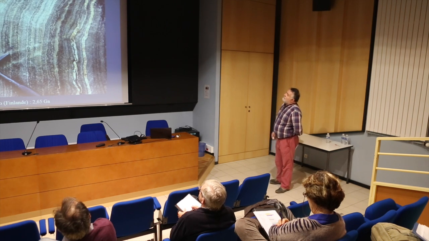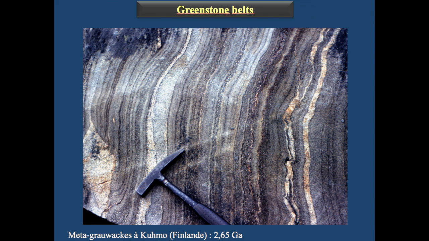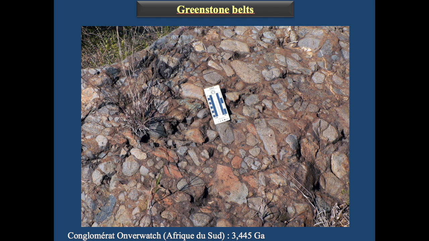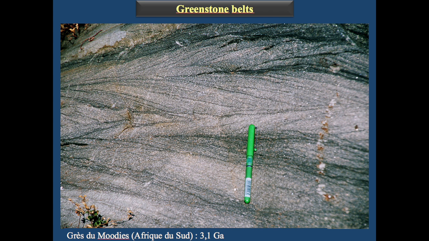Now if we look at the sediments, we have detrital sediments, just like here greywackes, with a bedding corresponding to sedimentary layers with different composition. We can find conglomerates, like here, with very big boulders. And some sandstones.